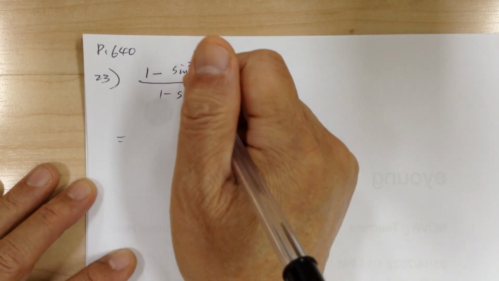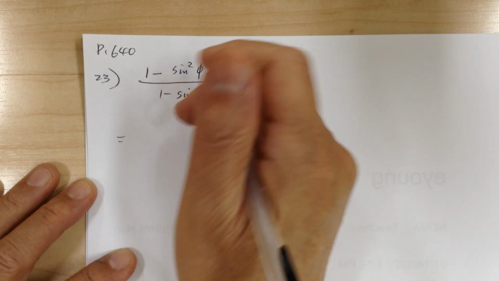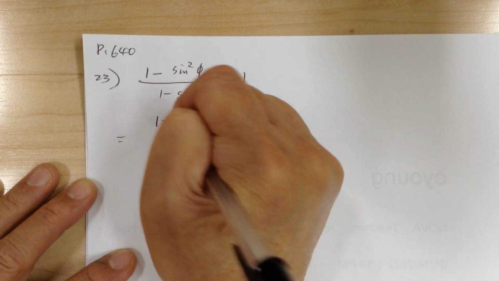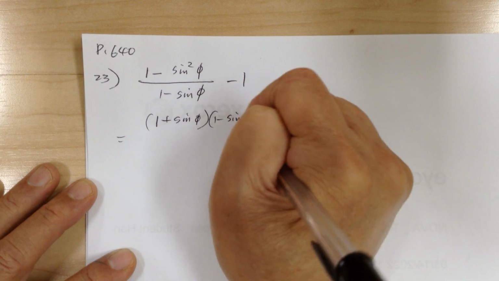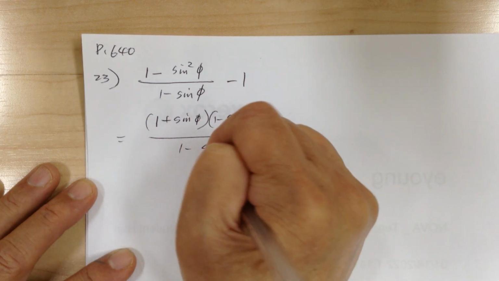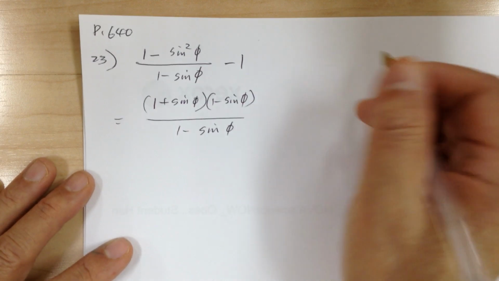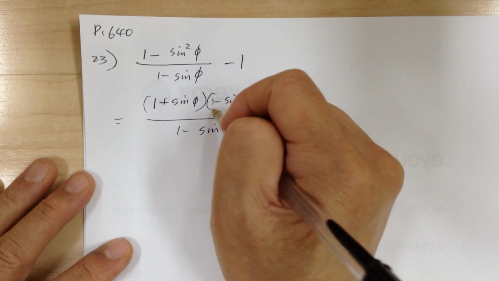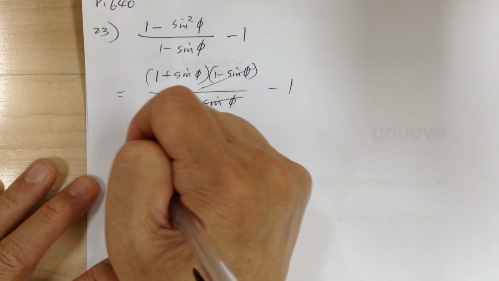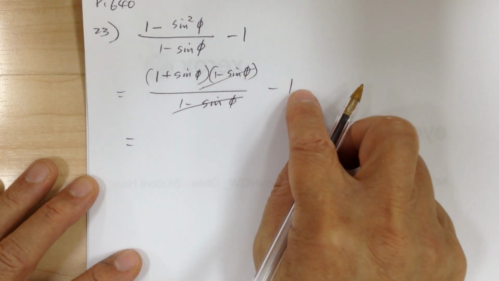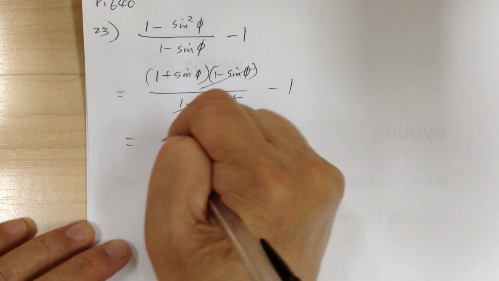So 1 minus sine square will give you 1 plus sine times 1 minus sine. Let's see if this will work. And minus 1, and this will cancel out. Oh, okay, so it works out. So 1 plus sine phi minus 1. So 1 and minus 1 will cancel out, so it's just equal to sine of phi.